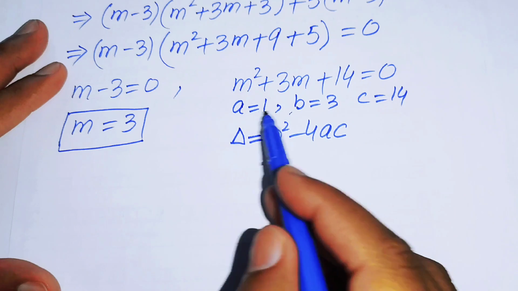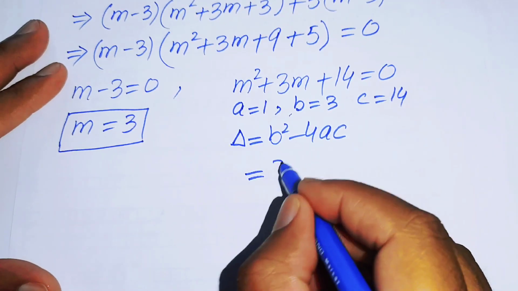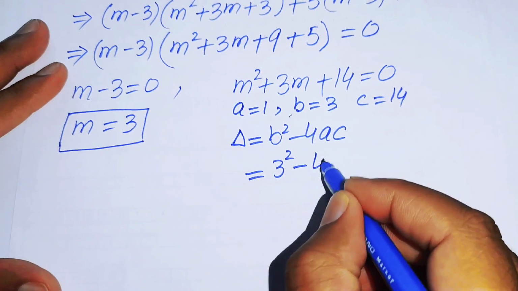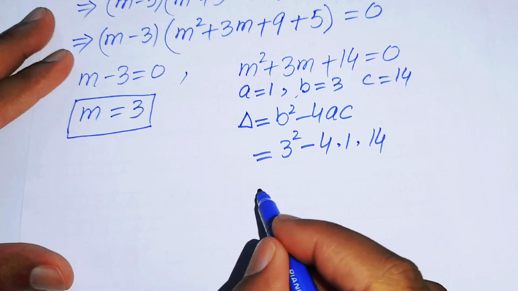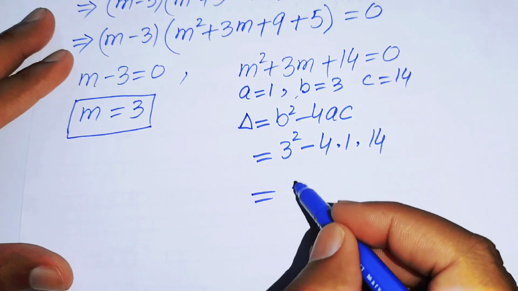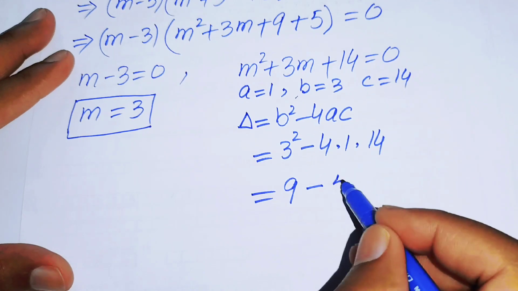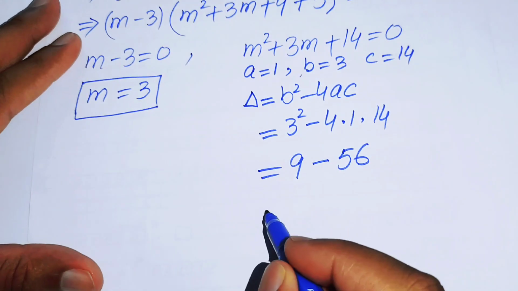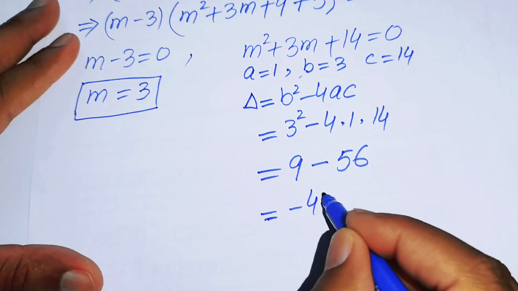So now we substitute all the values of a, b and c in this formula, and we will get 3 square minus 4 times of a is 1 and c is 14. So the 3 square is equal to 9, and 4 14s are 56, and 9 minus 56 is equal to minus 47.